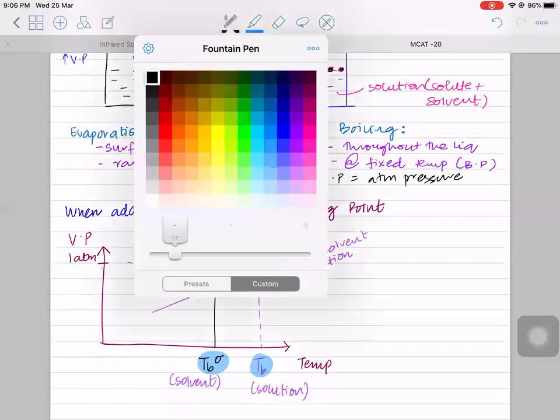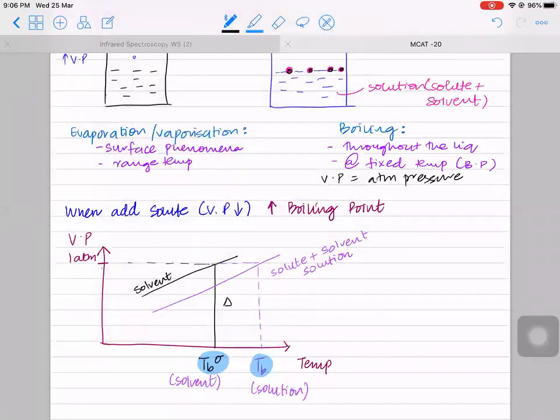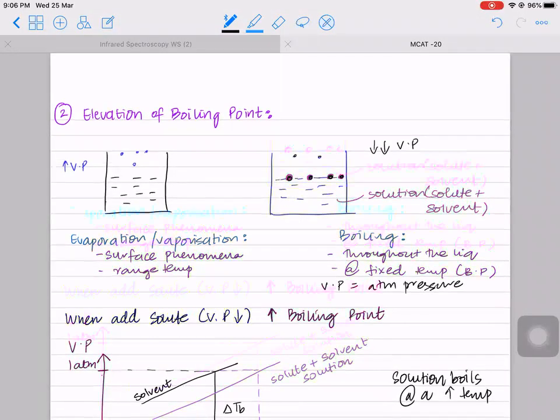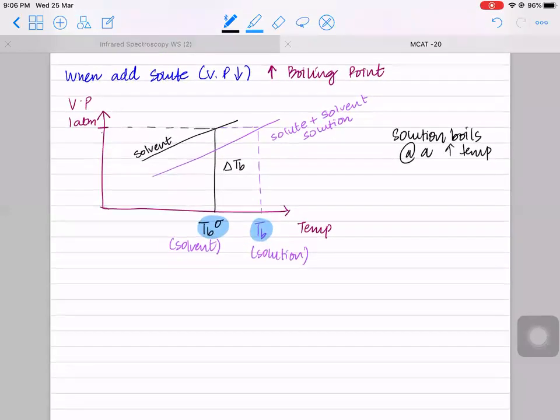And now do you see that there will be a change in temperature? Can I call this delta TB, right? So do you see that the solution boils at a higher temperature?